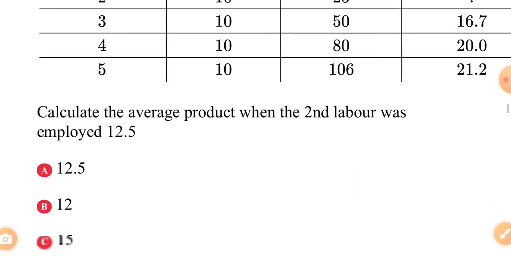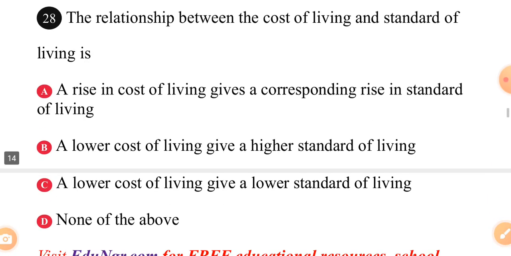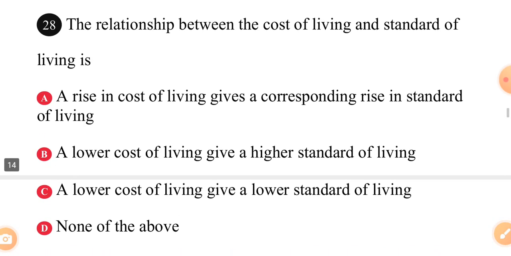We now proceed. Question 28. The relationship between the cost of living and the standard of living is dash. A, a rise in cost of living gives a corresponding rise in standard of living.